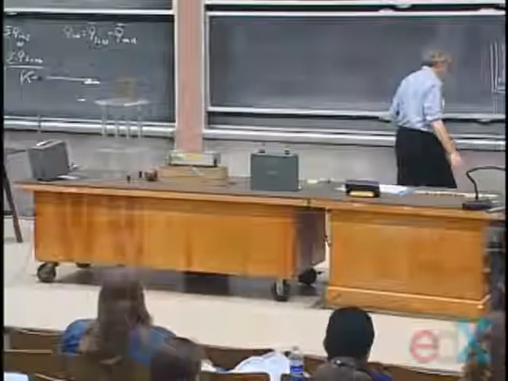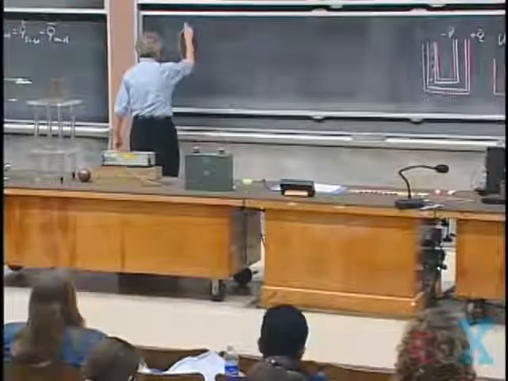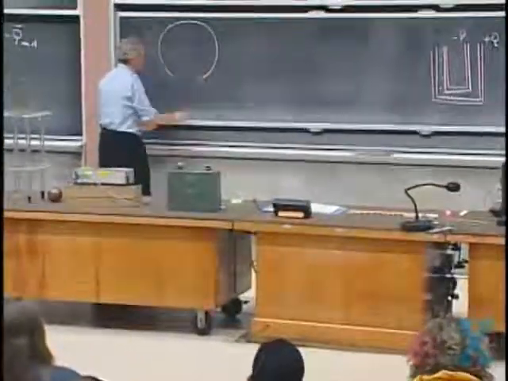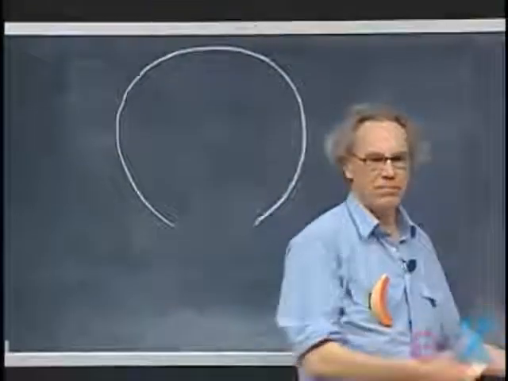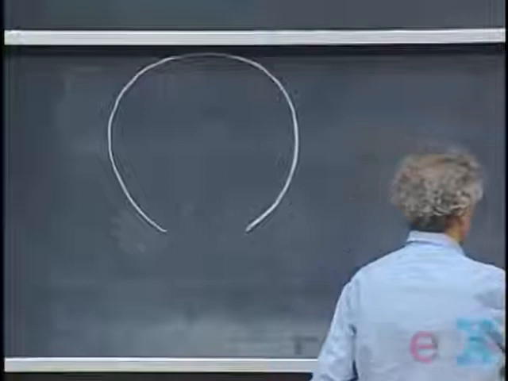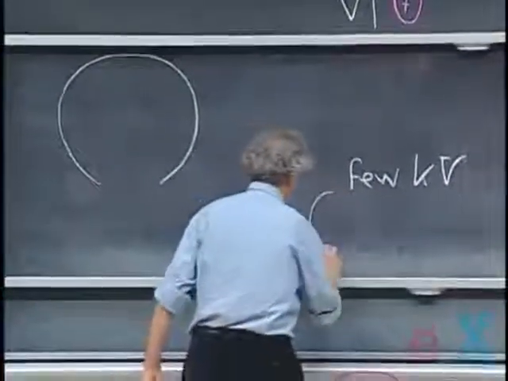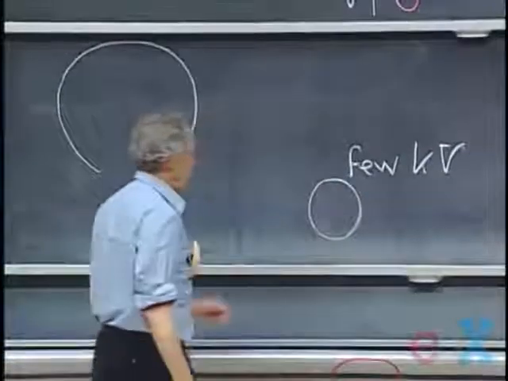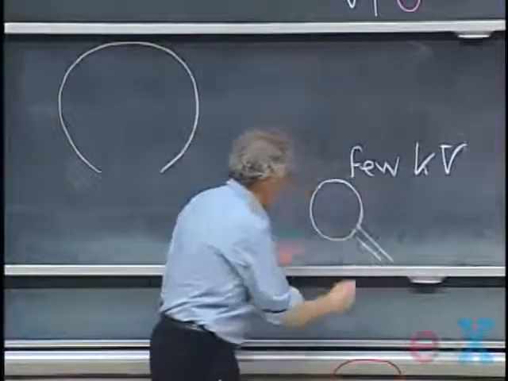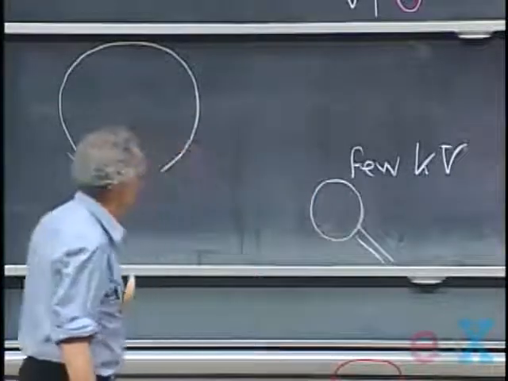Well, let's start off with this hollow sphere, which is what the Van de Graaff is. And suppose I have here a voltage supply with a few kilovolts. I can buy that. And I have a sphere, and I touch with this sphere, which is an insulating rod, the output of the few kilovolt supply.